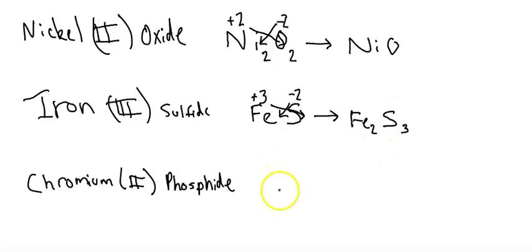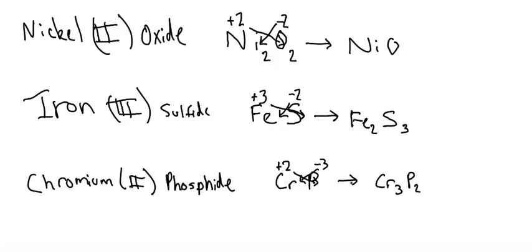And for our last one, we have chromium, Cr, and phosphide, P. Our phosphide has a charge of -3, and our chromium has a charge of +2. So if we do our crisscross, we bring our numbers down, and we end up with Cr3P2.